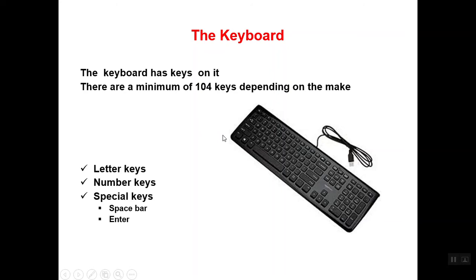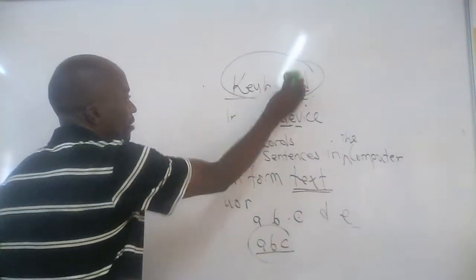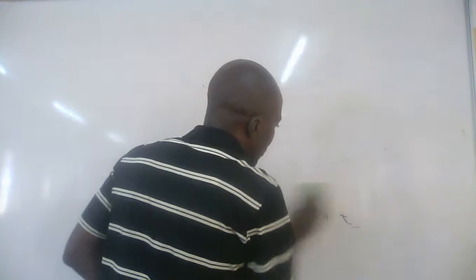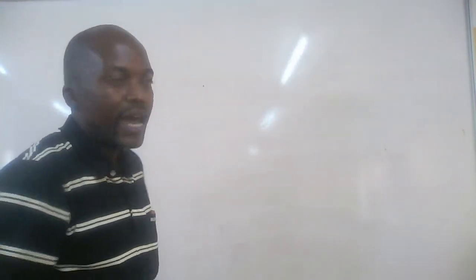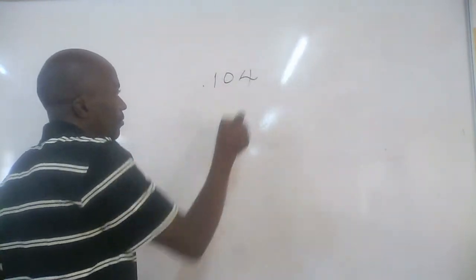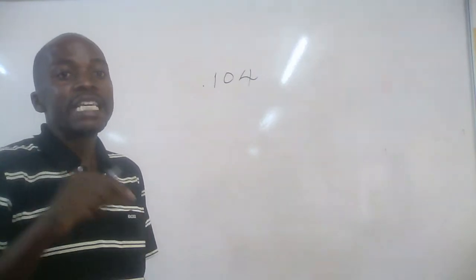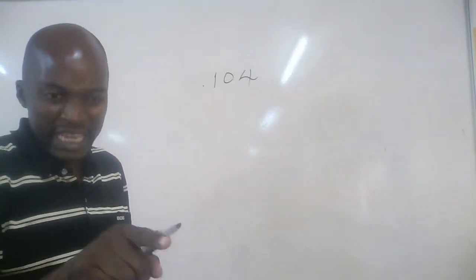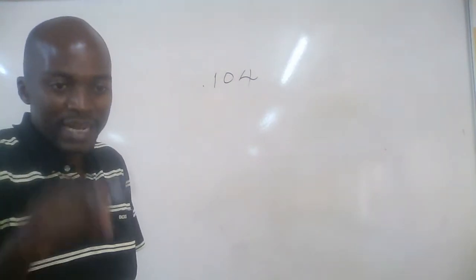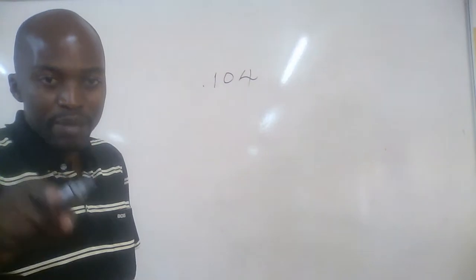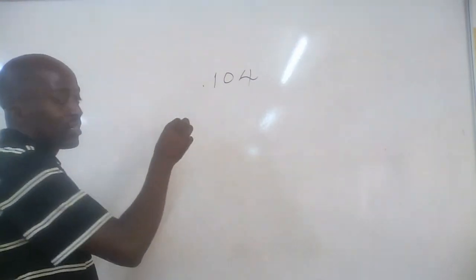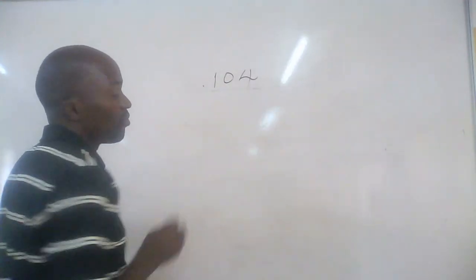Now, a standard keyboard has keys on it. These keys on a standard keyboard are 104. Depending on the make of the keyboard, when you count all the keys that we call buttons, but they are called keys, one by one, you'll find that a standard keyboard gives you 104 keys.